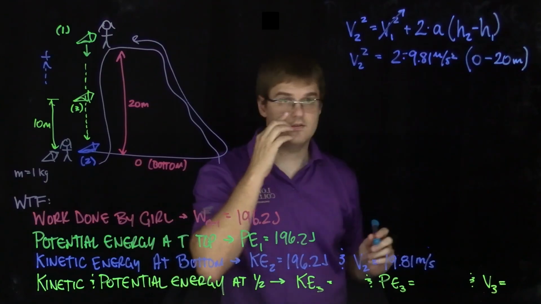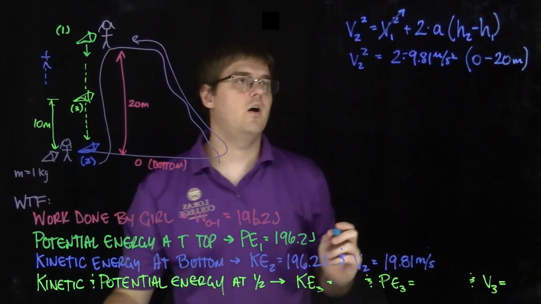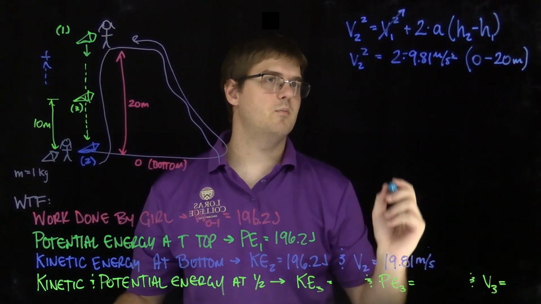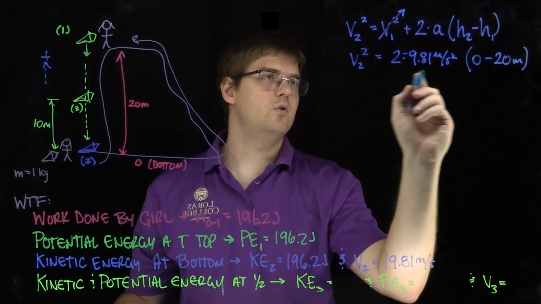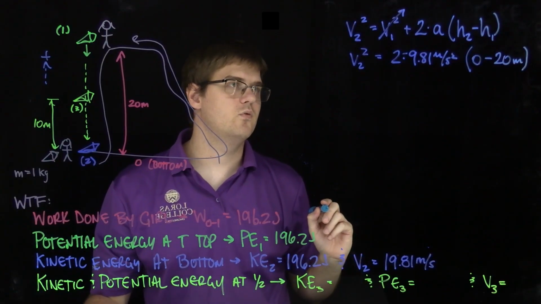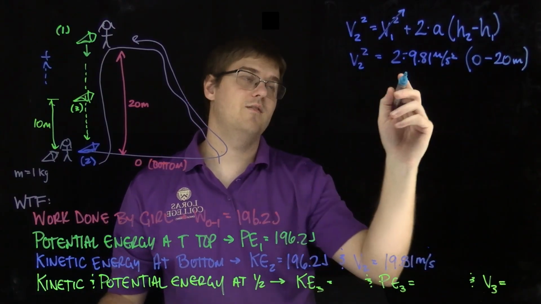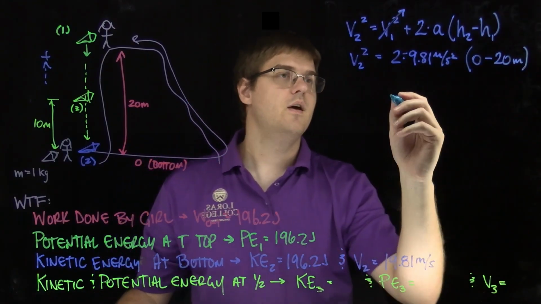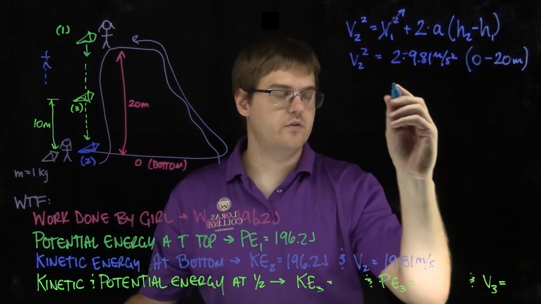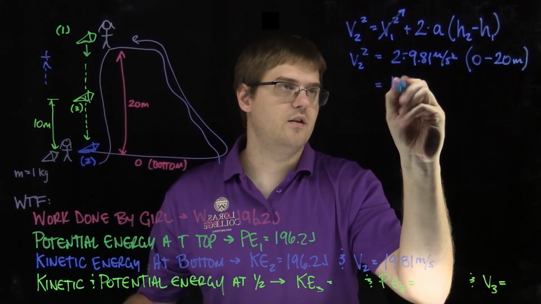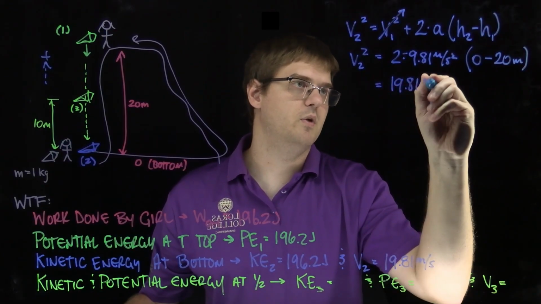Thankfully, our negatives cancel out because we can't find the square root of a negative number without imaginary numbers. We've got the square root of 2 times 9.81 times 20, or 2 times negative 9.81 times negative 20. That is going to give us 19.81 meters per second.